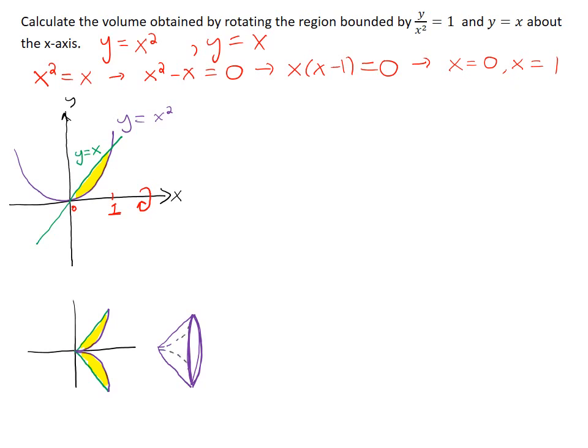Now when we slice it up, we're going to slice in the direction that gives us circular cross sections. Each cross section is going to be a washer. Okay, and then if we turn that on its side, so that's looking at it sideways as a thickness delta x, turn it on its side. Here's what the washer looks like. I'll label the axes.